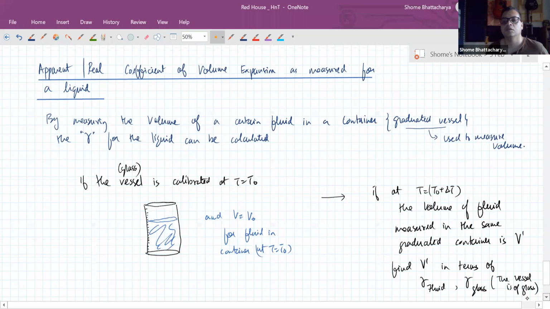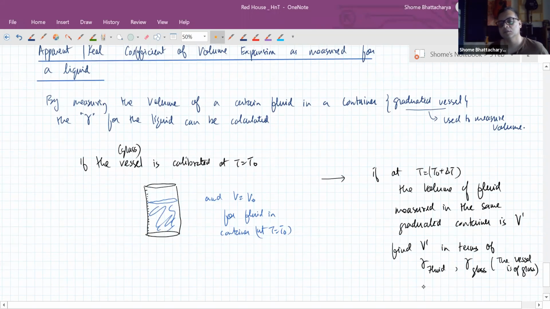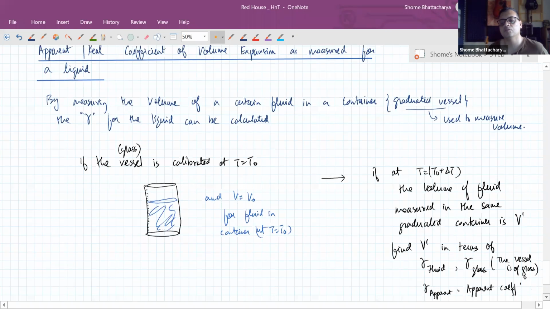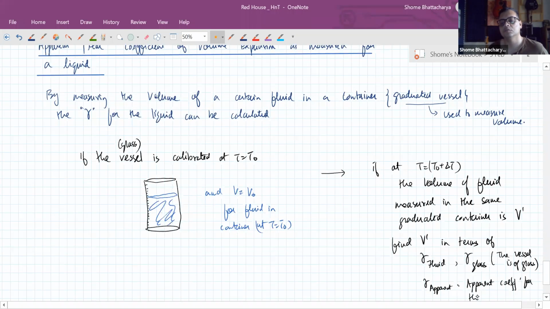And from this, the apparent value of gamma, the apparent coefficient of volume expansion for the fluid. So what is the relationship between all these quantities? Let's try to understand this.